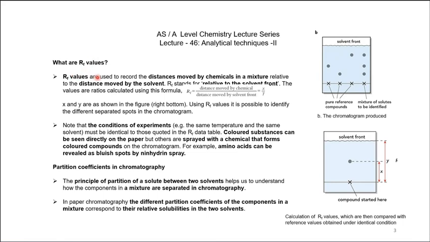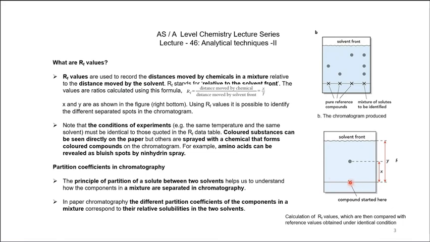What is the RF value? It is the recorded distance moved by chemicals in a mixture. So that's the mixture, and the distance moved by a chemical in the mixture is what we have to see, relative to the distance moved by the solvent. We can go to this one and see what the RF value is.